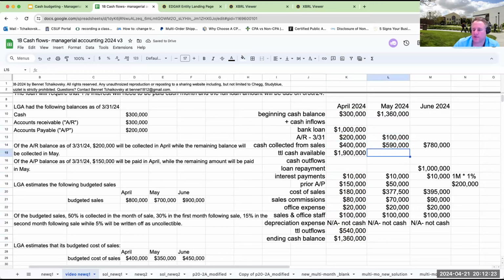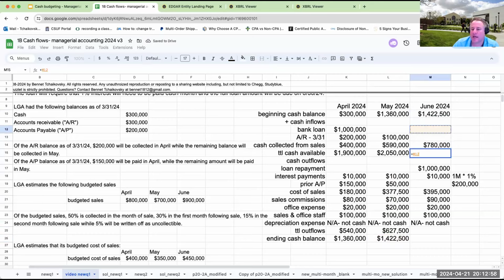So my cash available would be my beginning cash balance plus the AR plus the cash received from sales. My total outflows are going to be 627,500. My ending cash balance, therefore, would be 1,422,500. My ending cash balance as of May then becomes my beginning cash balance as of June.